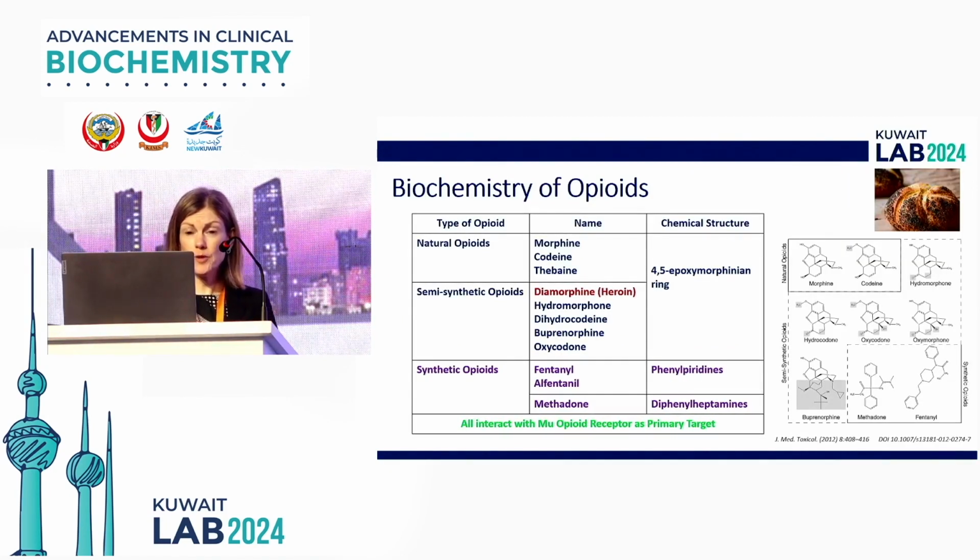So opioids can be classified in terms of whether they are natural, semi-synthetic, or synthetic, but probably the most useful way of classifying them is according to their chemical structure.